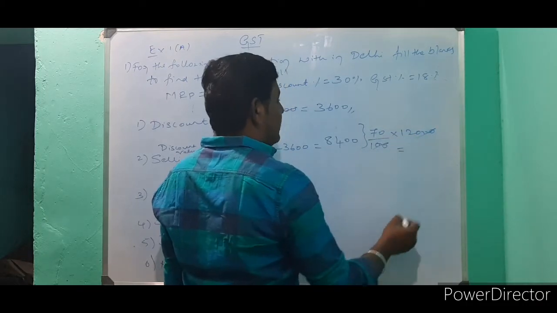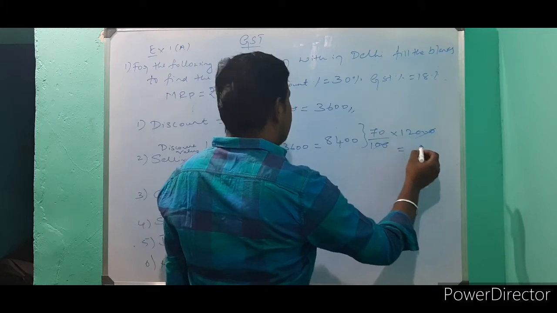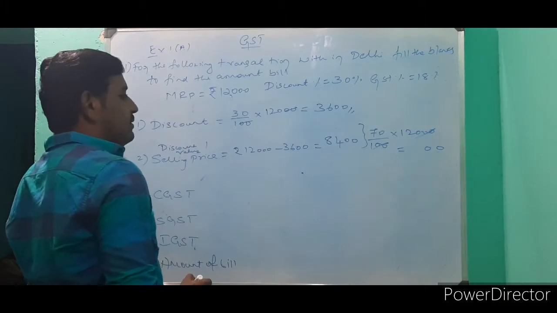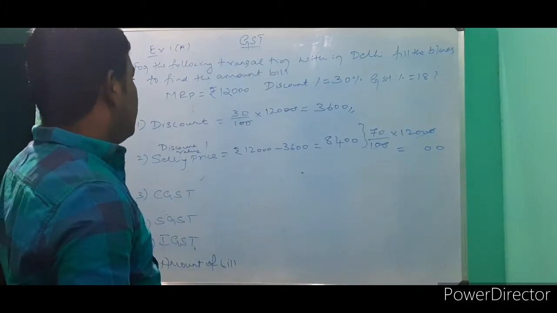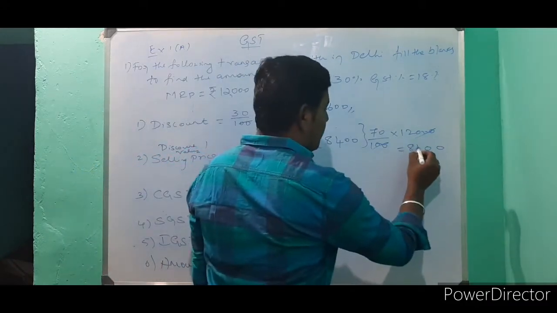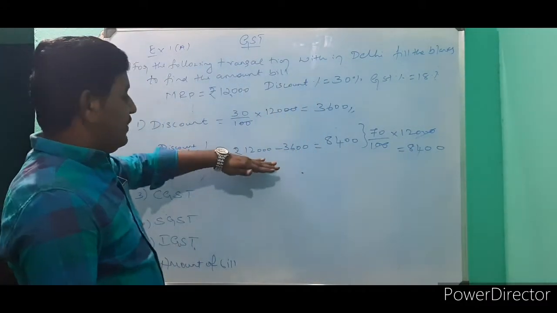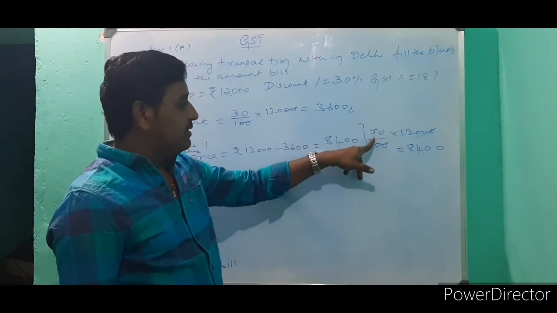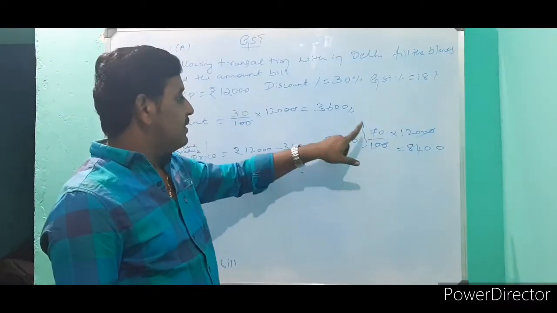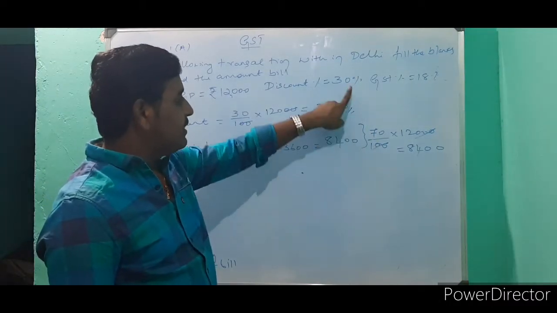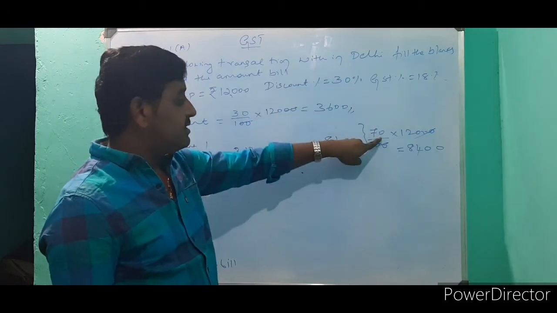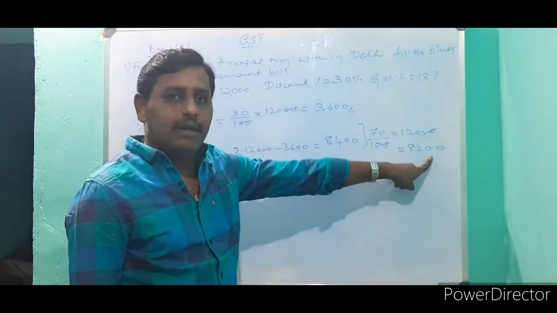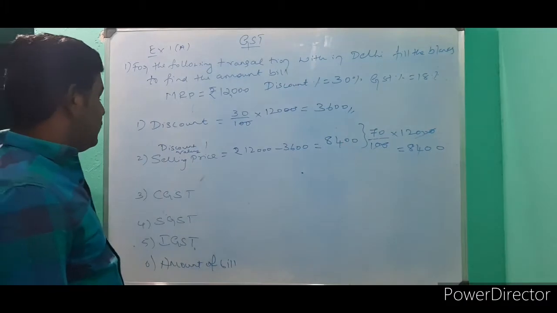If you multiply here, you will get 84. That means either you can find the selling price like this, or another method. This is very useful for solving further problems. Selling price: here discount is 30, 100 minus 30 is 70%. So 70 divided by 100 into MRP. If you do like this, you will get the selling price.